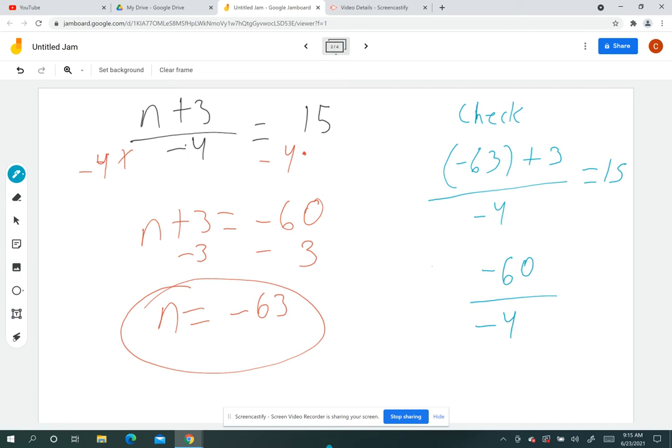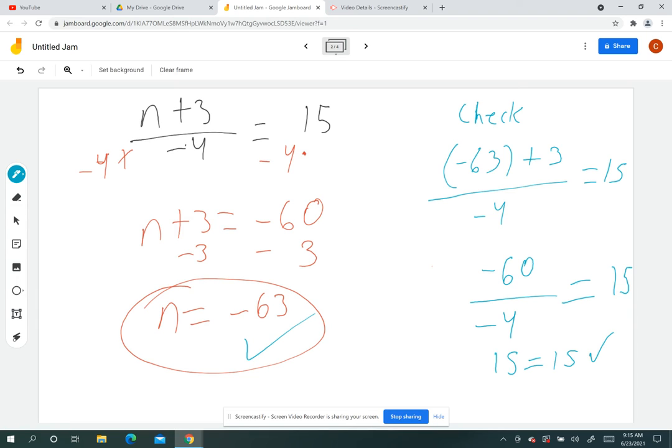Divide by negative 4. And we know that 60 divided by 4 is 15. Negative divided by negative gives us positive. So it's going to be positive 15 equals positive 15, which is in fact correct. So our answer for n in this equation is negative 63.